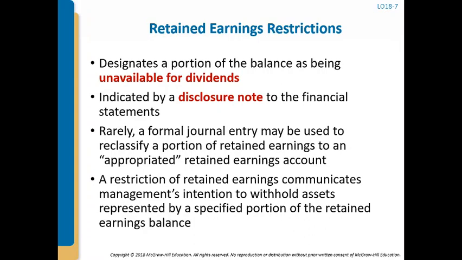Now, you can have retained earnings restrictions where these are not available for dividends. You would normally just indicate by disclosure notes to the financial statements that a certain amount of the balance of retained earnings is unavailable for dividends because it's being appropriated for other uses.